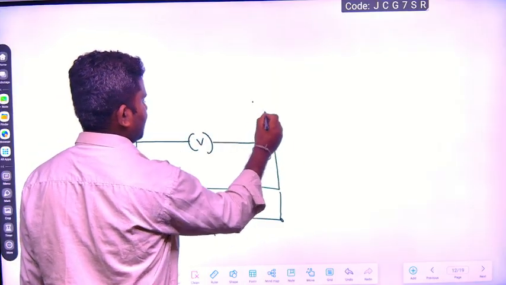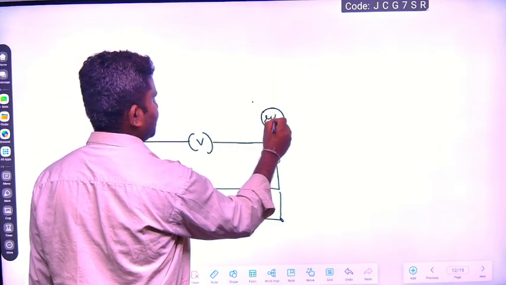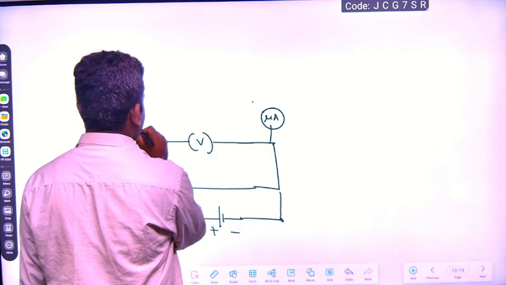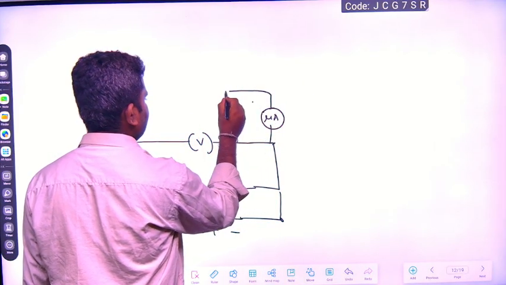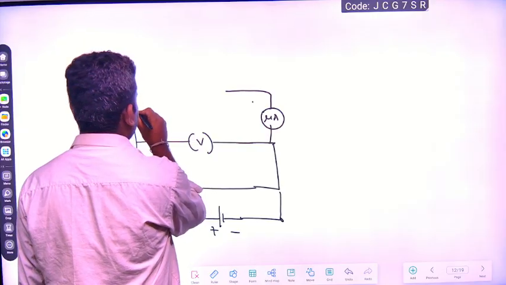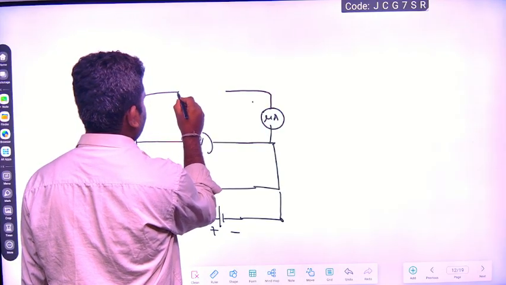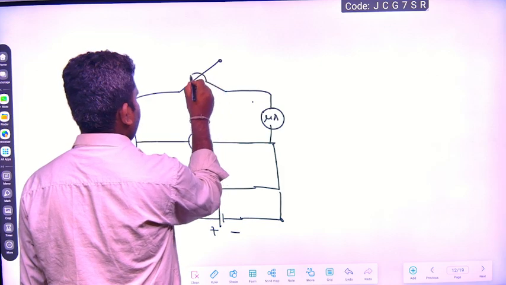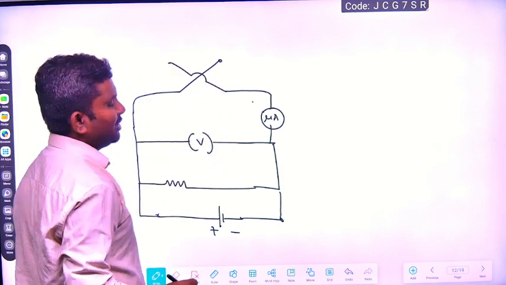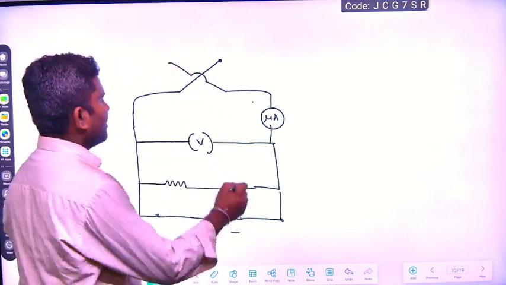Connect one current, microammeter. Okay. I will tell what this is. Okay. Now here.